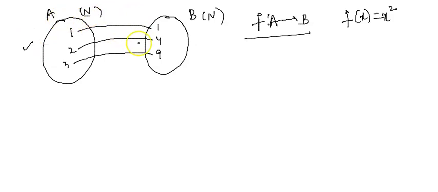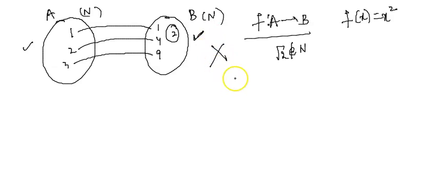But there are some elements in B. Suppose there is the element 2. So 2 is the square of root 2, but root 2 is not a natural number. Root 2 does not belong to the set of natural numbers. So there are some elements in B which are not images of any element of A, whose pre-image is not there. So this function is not an onto function.